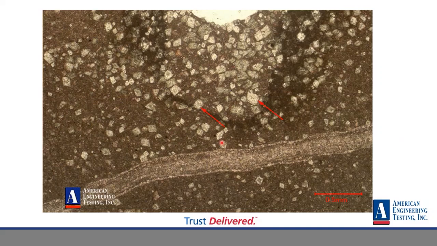Other people argue that it's not really alkali-carbonate reactivity, it's alkali-silica reactivity that's happening, and there are just really fine clay-sized silica minerals in the micritic mud matrix of this limestone. So it is kind of an interesting topic to hear people discuss.